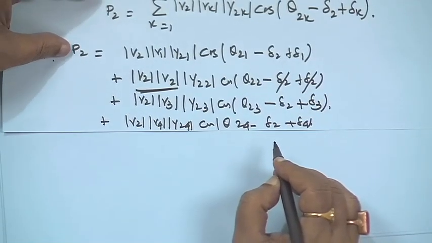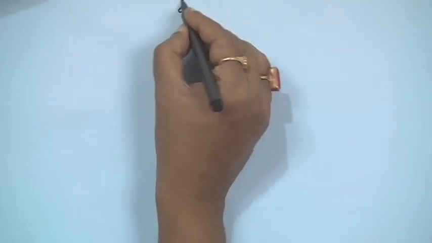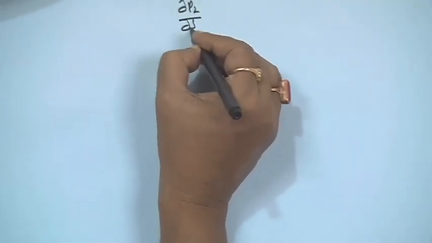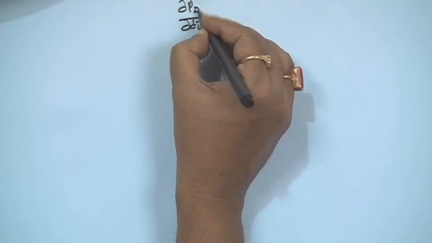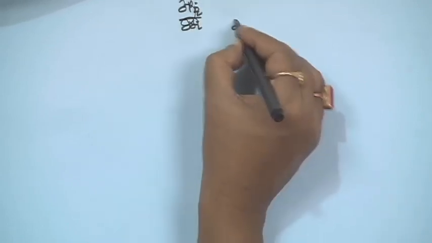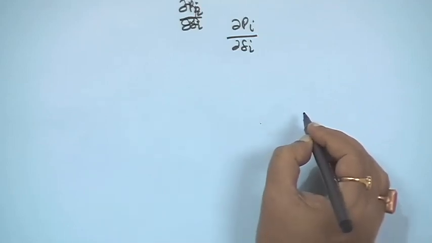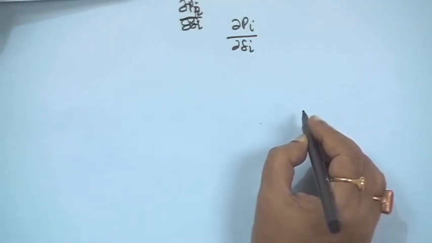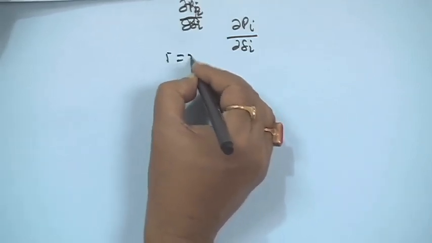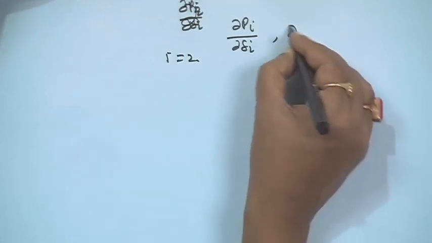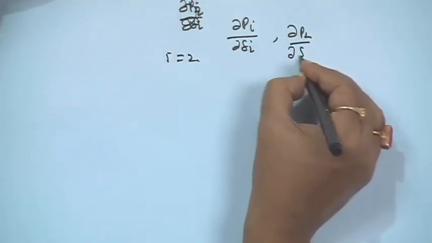Now, if you take the derivative, say we are taking the derivative in general, delta P i upon delta i, say the diagonal one. So i is equal to 2, that means delta P 2 upon delta 2.